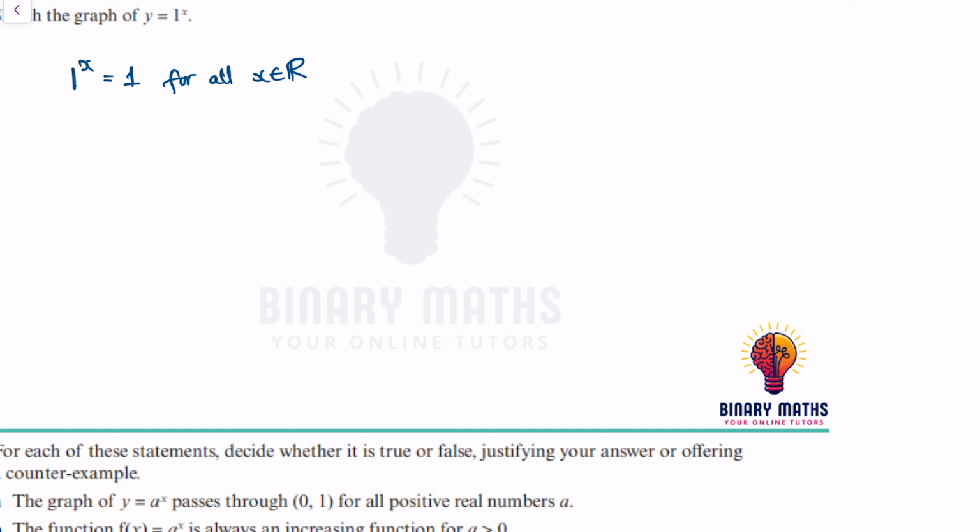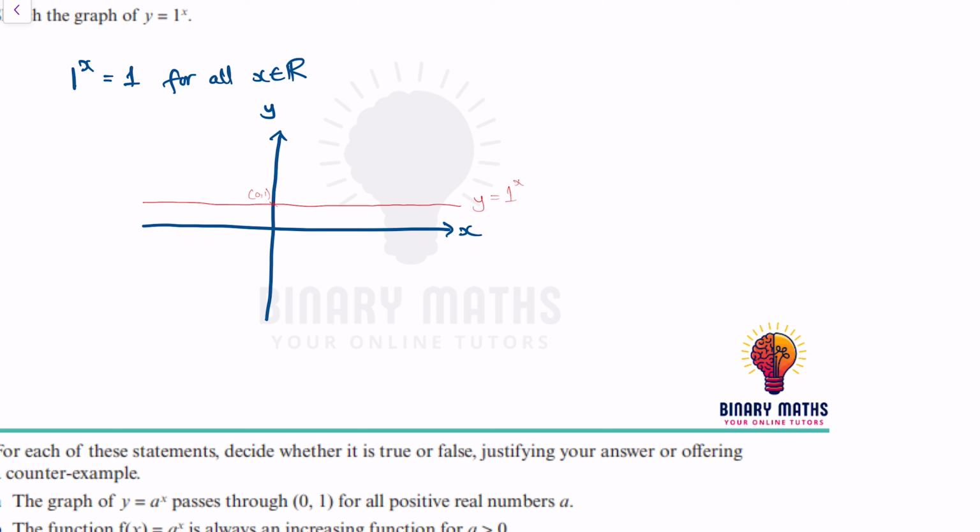This equation will always give you an output of 1, which means you're going to get a graph that goes through 0, 1, but also is 1 for every x value, so it's going to be a straight line. So y is equal to 1 to the x is just a straight line, same thing as y is equal to 1.